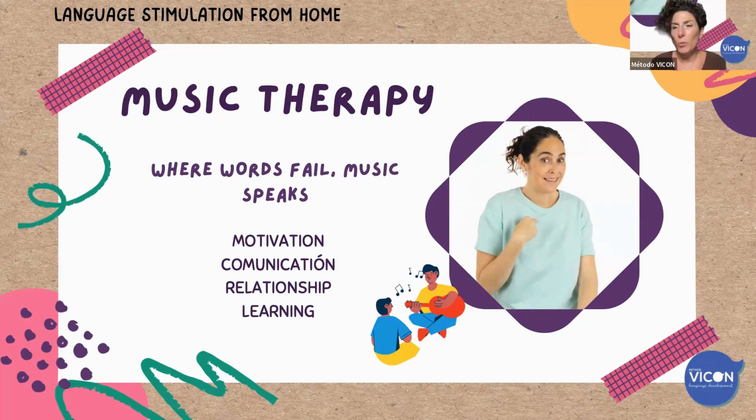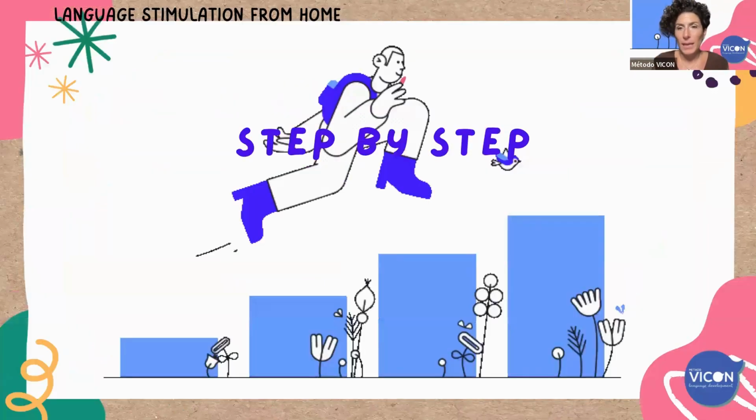Another thing that we were looking for when creating the method is a step-by-step, evolutionary approach, added to the emotional learning. We wanted a method that was motivational. We wanted a method that was evolutionary and step-by-step.